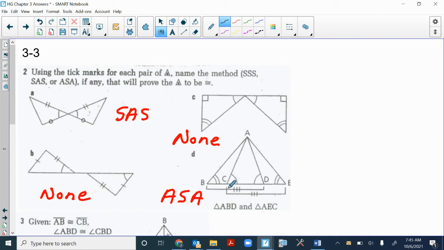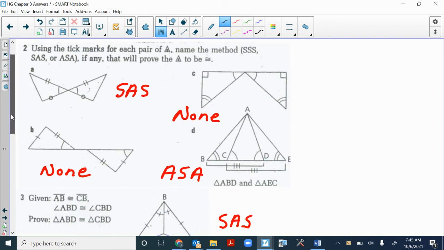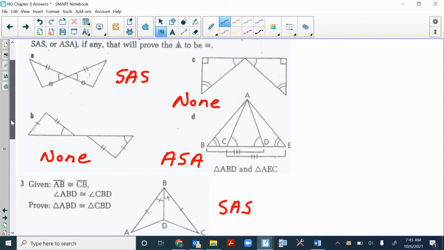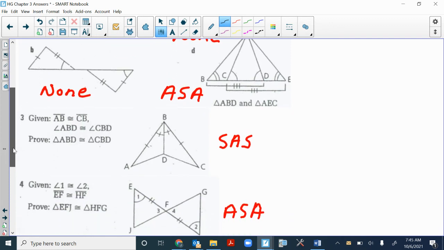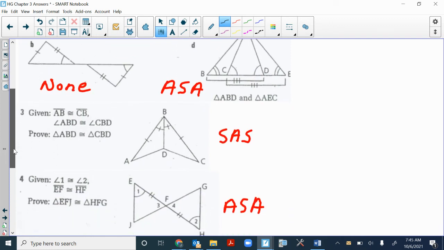And just like we did on the proof, because we have this overlapping, if we subtract CD from both of them, we would then have angle, side, angle. So yes, this one we have to do a little bit of work, but we can prove that these 2 outside triangles are indeed congruent. There are actually other ways of proving that one as well, but angle, side, angle is probably the quickest.